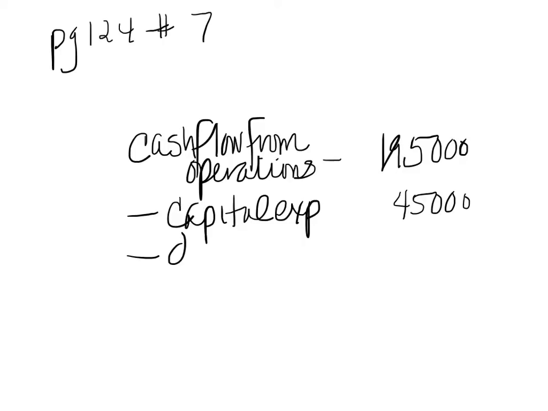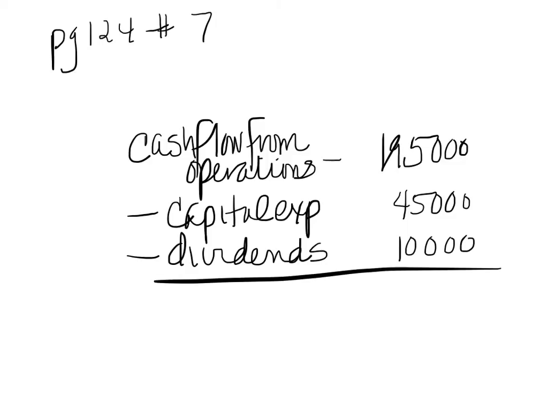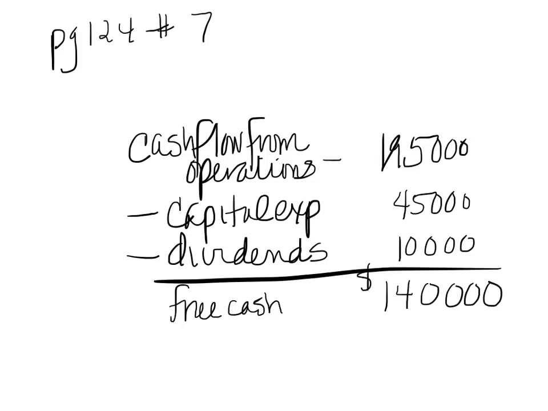And then we're going to subtract the dividends, which were $10,000. When we do that, our free cash flow is 195 minus 45, which gives us 150, minus 10 gives us $140,000.